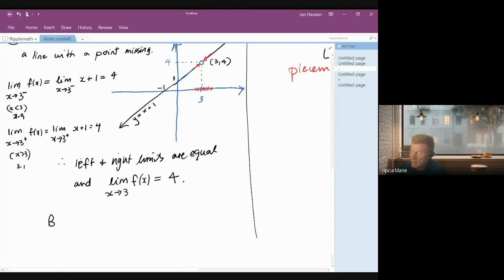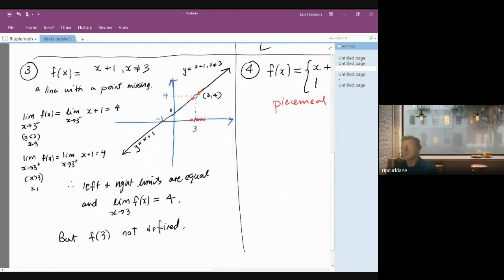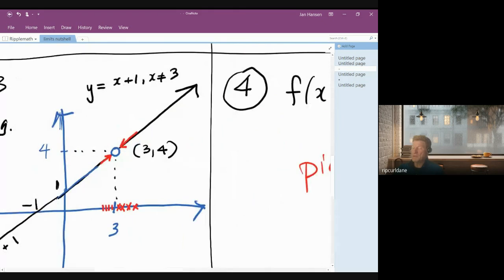But just keep in mind that f of 3 doesn't exist because it's not defined. So the limit can exist even if the function is not defined at a point. And you can see why, it's just a hole. If you go left and right, you move closer and closer to that point from either side, it all goes to the same point at 4. So 4 is the limit.